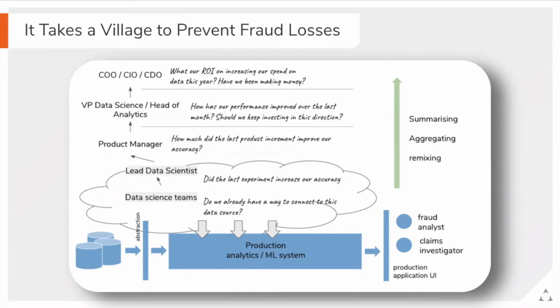And what we see across industries, but especially in real-time use cases like transactional fraud detection, is that there is a missing piece of the puzzle. When you're trying to upgrade your systems or change them in any way, let's say integrate a new data source, as we'll be talking about today, it is really difficult to understand what the data scientists are doing and whether the changes they're making are having any benefit on that fraud detection system.